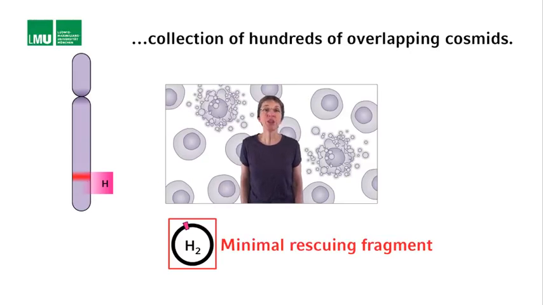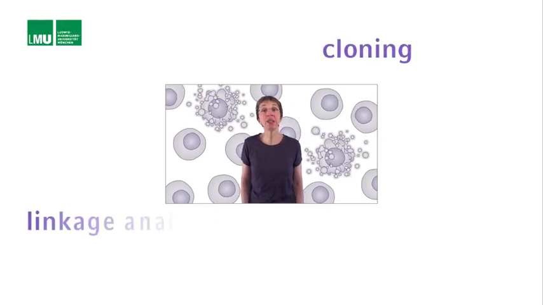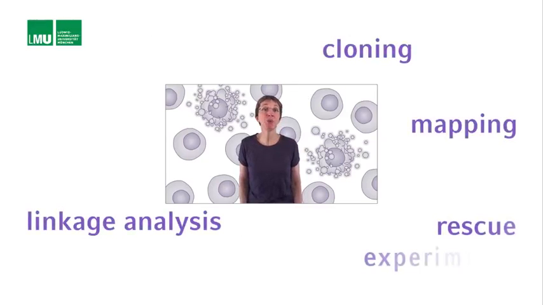To find the mutation that causes the mutant phenotype in the first place is important to do to confirm that the correct gene has been identified. To clone a gene, to do linkage and mapping experiments, and to perform transformation rescue experiments could sometimes take many months and even years.